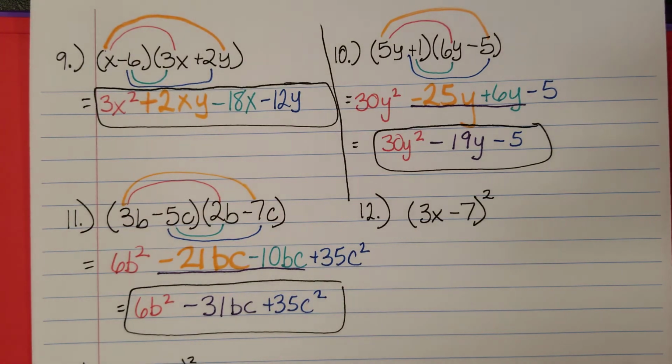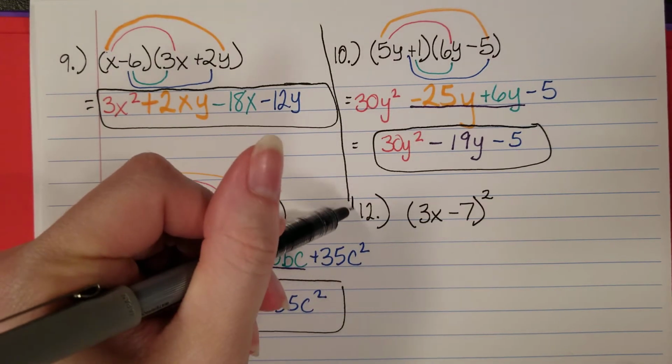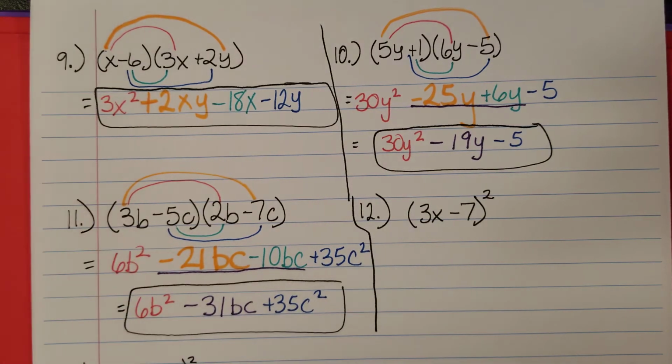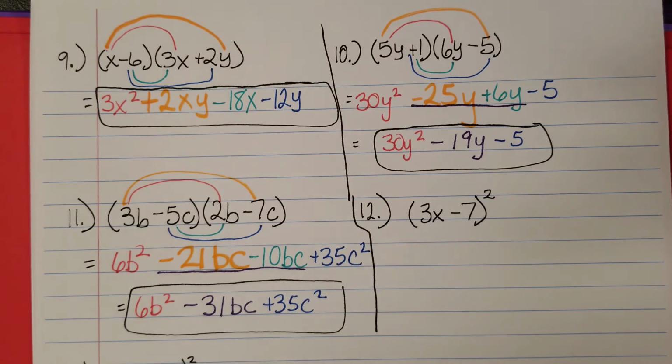All right, so number 12, we have 3x minus 7 in parentheses squared. You cannot simply just distribute the exponent in this case.